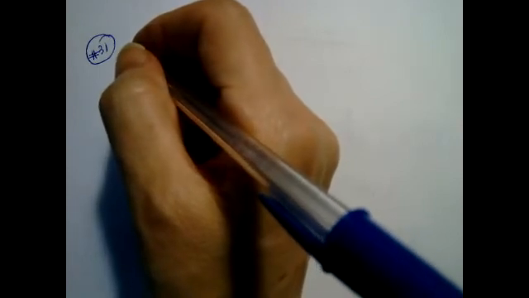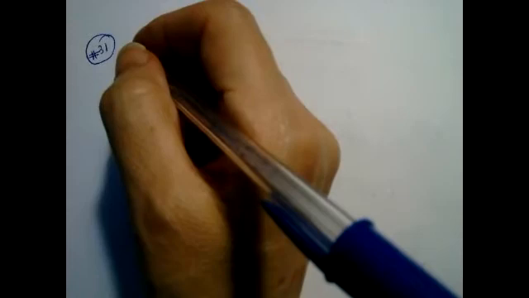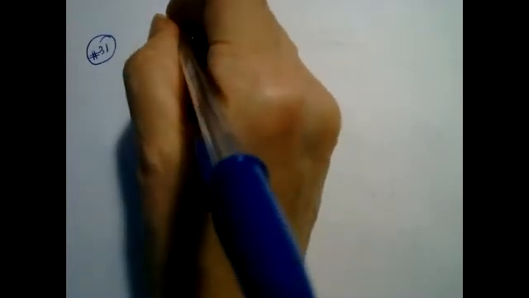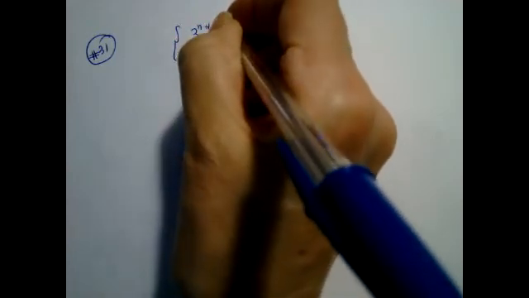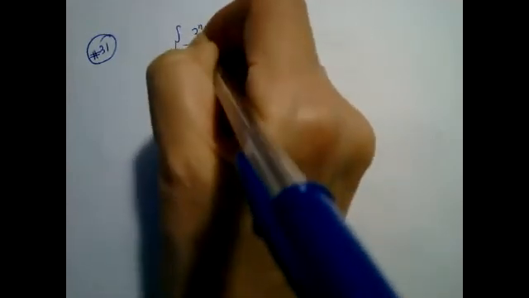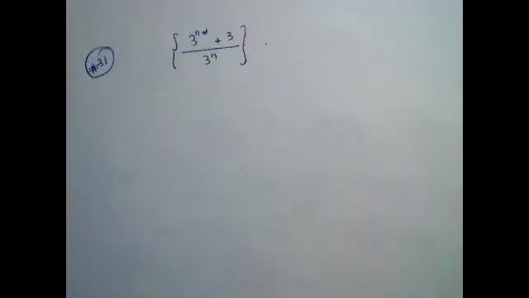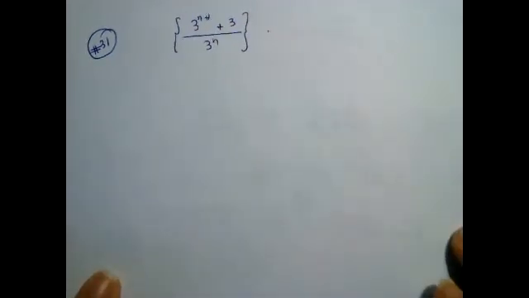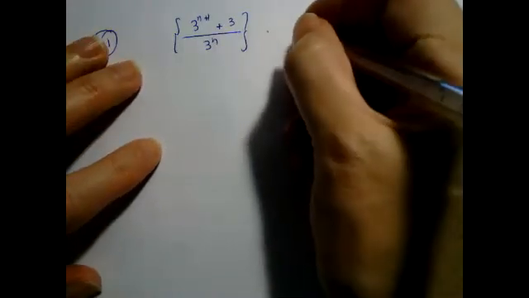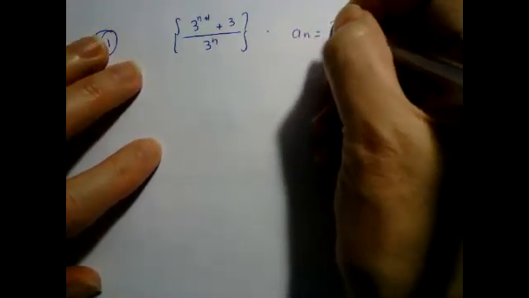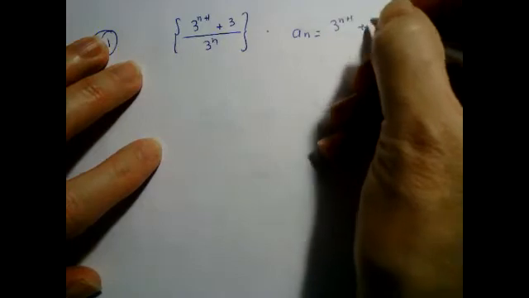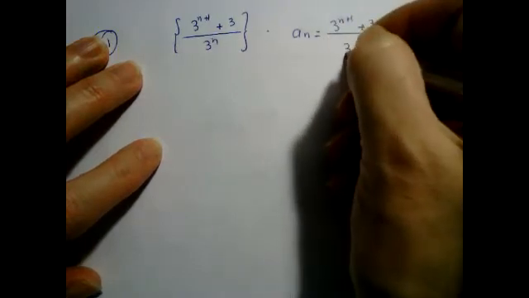Let me look at number 31. I didn't know I assigned this one. Okay, so this is my sequence here. My general term has the form 3 to the n plus 1 plus 3 over 3 to the n.